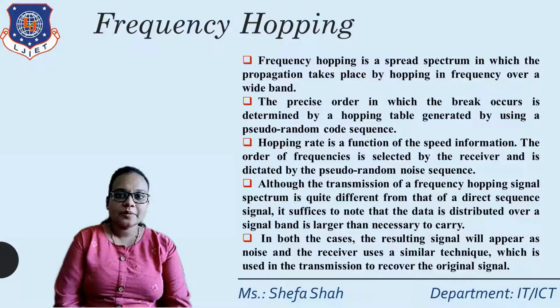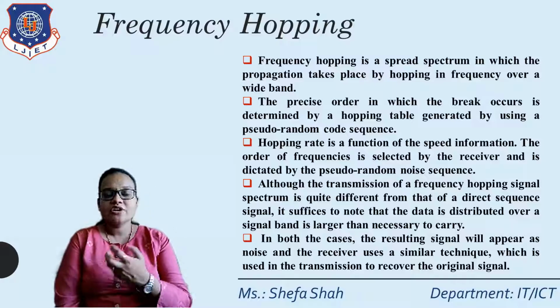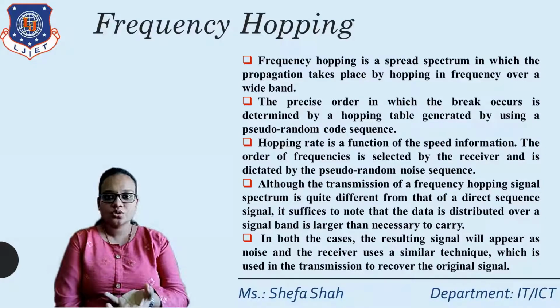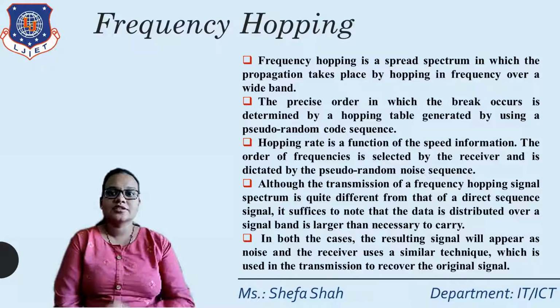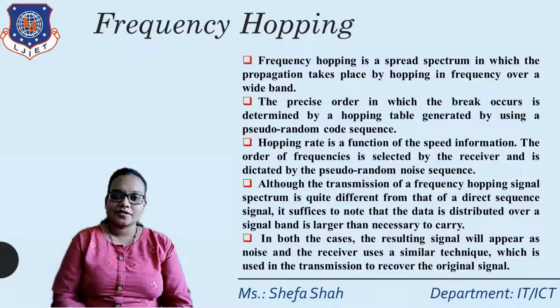So ultimately, in frequency hopping, we are eliminating the data which is not necessary for transmitting, right? And which can be easily detected when the signal is received back at the detector side.